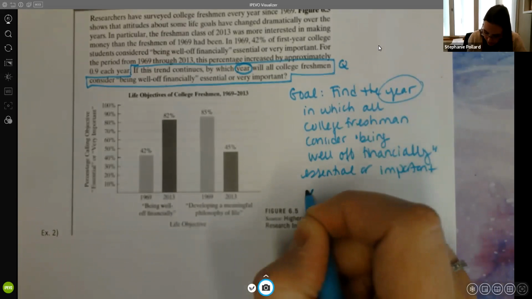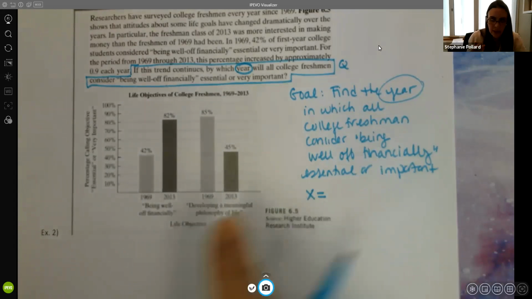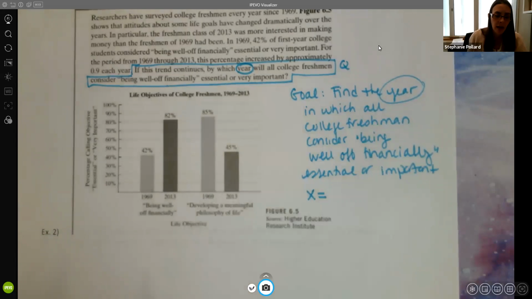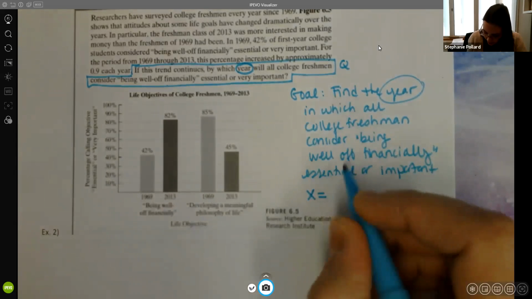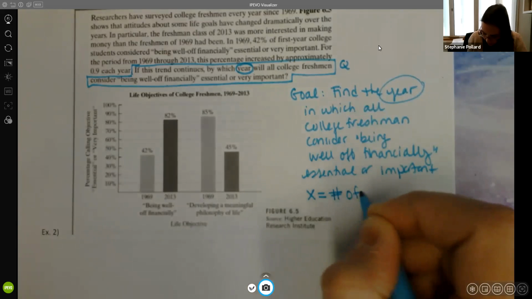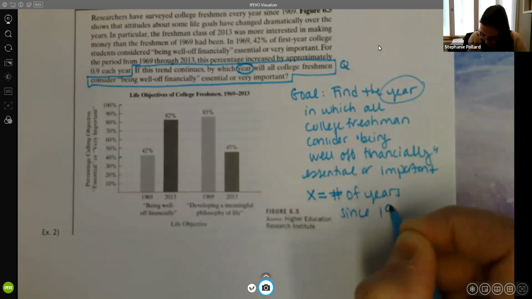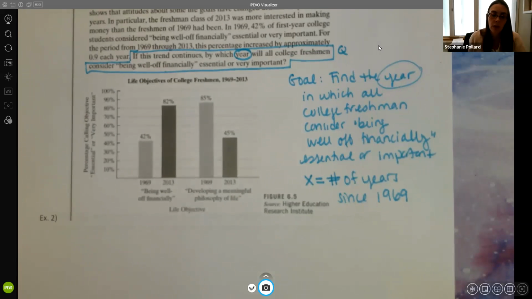And we're going to do it a little bit differently though. When you have time and we're talking about variables, we usually have a starting year. So instead of just having X be the year, we're going to actually have it be the number of years since 1969. So 1969 will be our starting point. And this is a pretty popular way to set up years when we're doing linear equations.